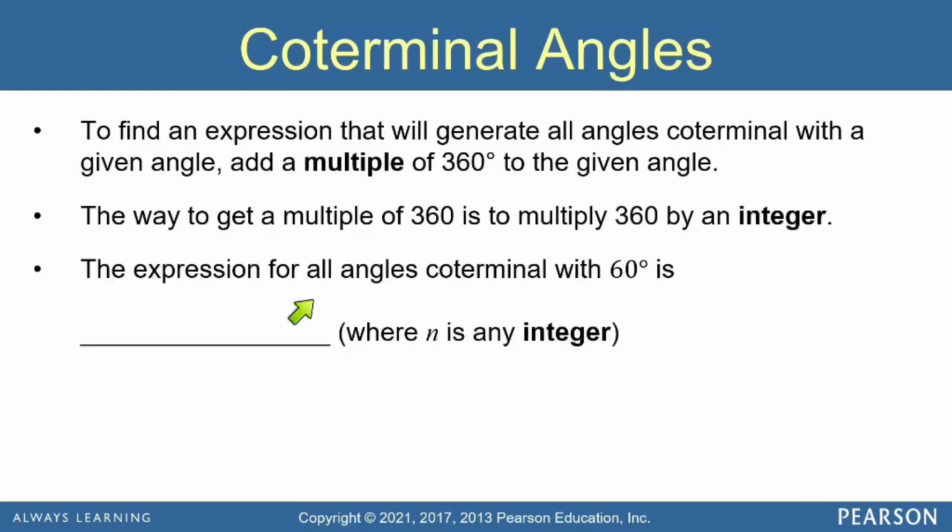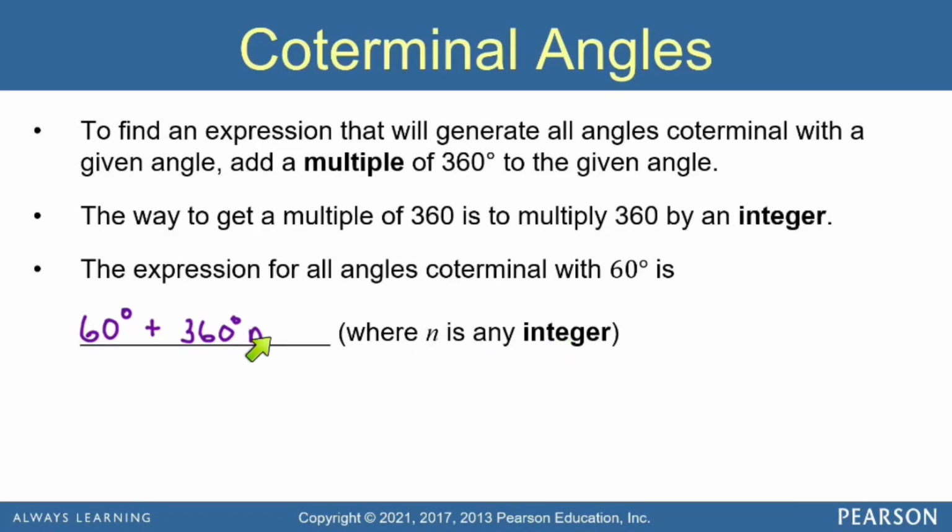So if you wanted to write an expression for all angles that are coterminal with 60 degrees, what you would do is start with 60 degrees and then add 360 times n, where n is any integer. And that's it.